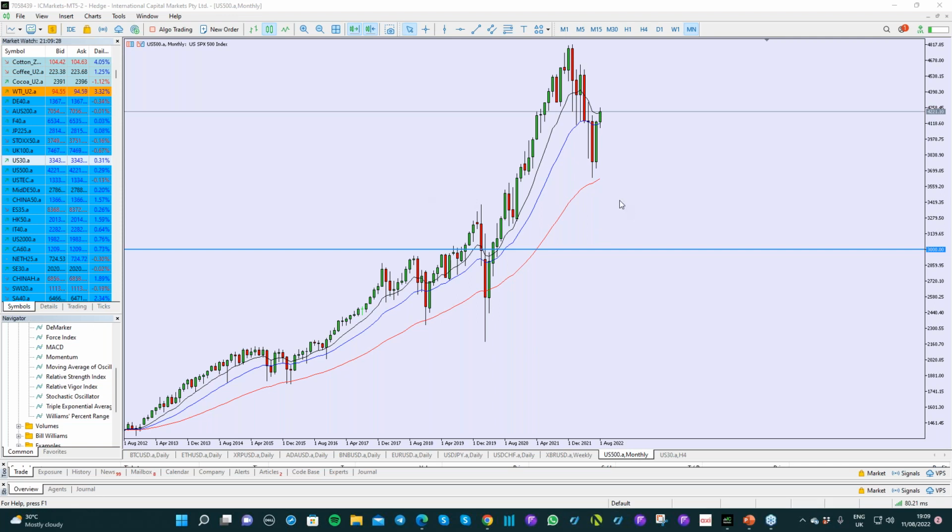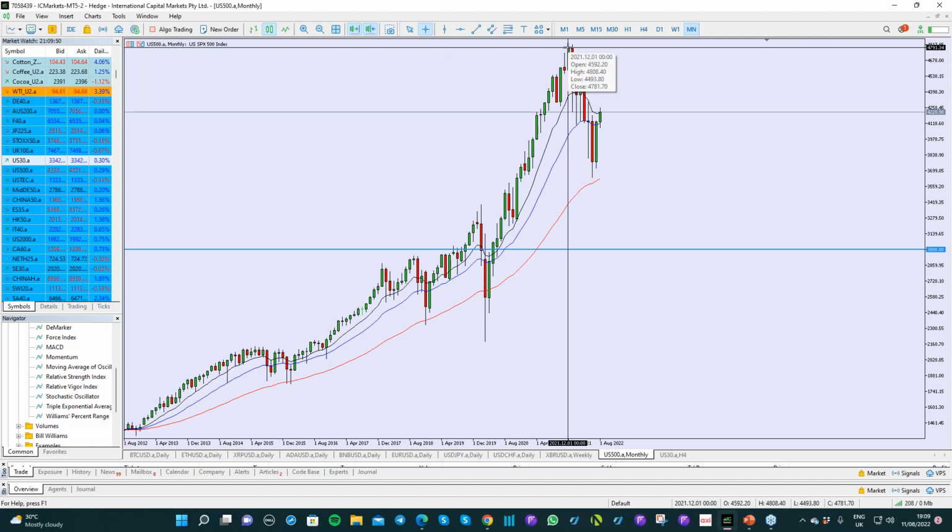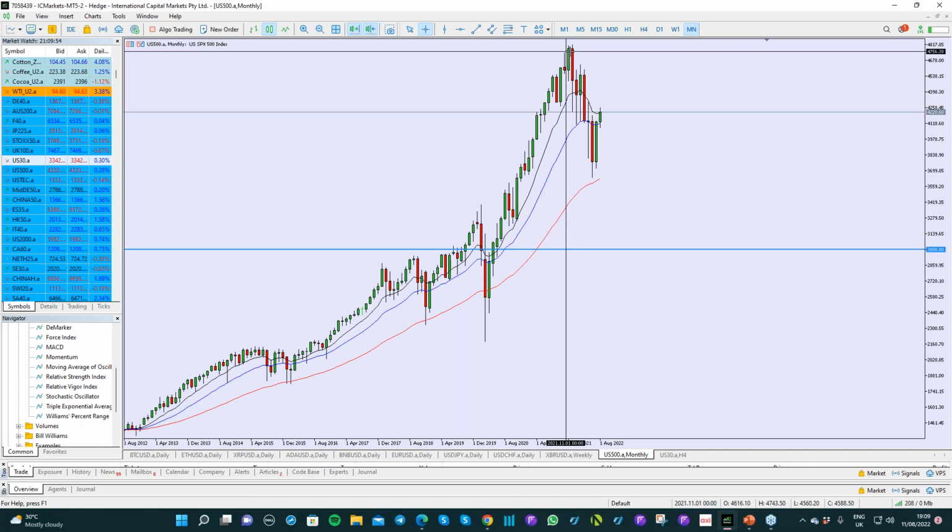Starting here with the US 500, the US indices have had quite a bit of retracement over the last few months. So we have pulled back. We had massive gains and a really, really long uptrend coming into the top here. And ever since, so where are we here? We are right at the end of 2021, right at the beginning of 2022.